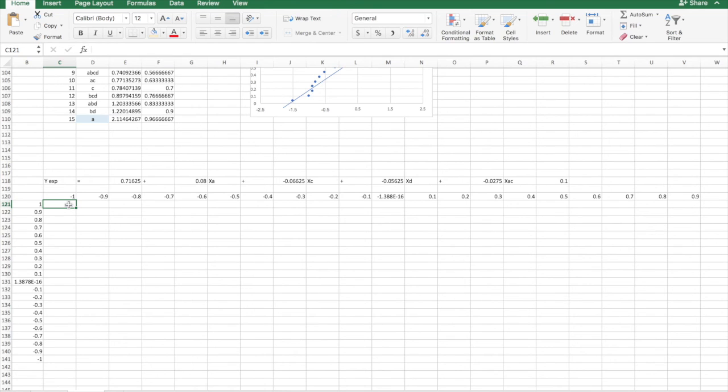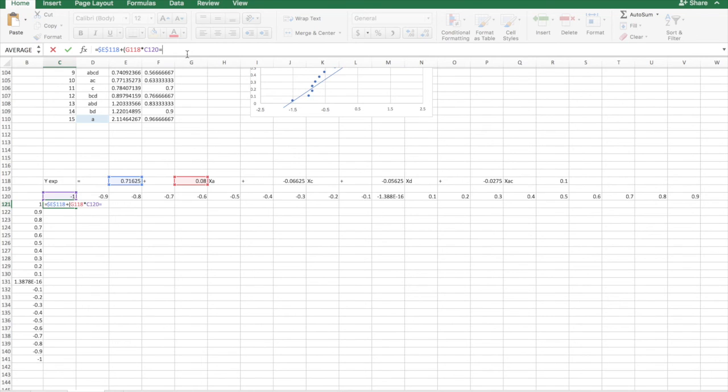So we're going to select the first one, and we're going to select the average, and then we're going to add the effect of A and multiply it times the number on the top of that column.